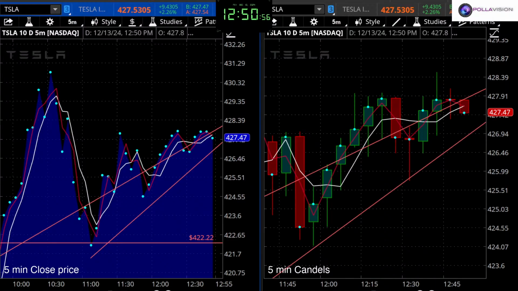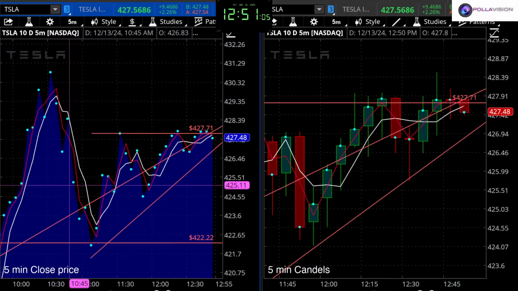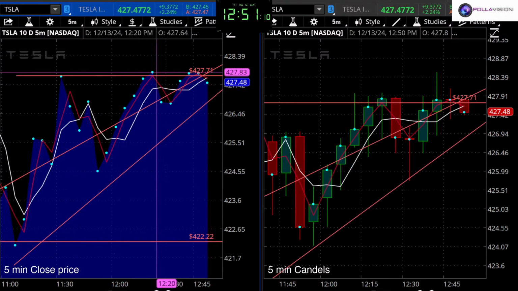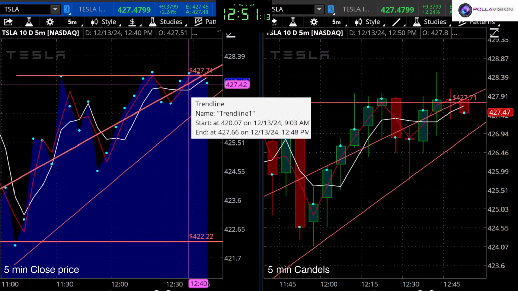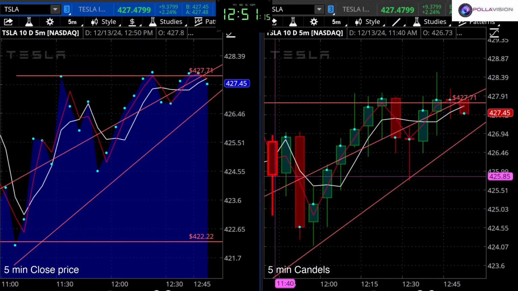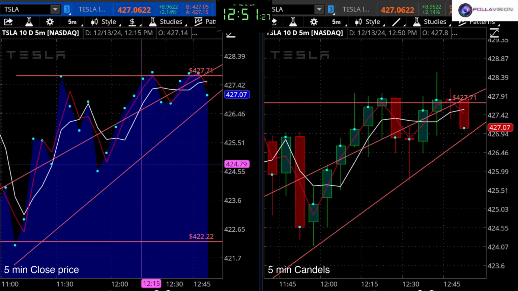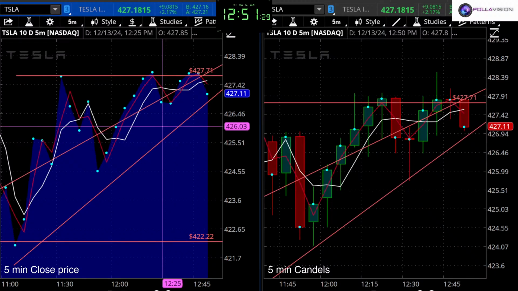Let's put a line on that. That is kind of resistance, I would say. Are there any more buy orders above that? A little bit higher here, not much here. So this might be the end of the run on the 5-minute, but 10 minutes is a new hour. Somebody might come in and say, hey, I'm going to buy some shares. So you can't say it's over until it's over.